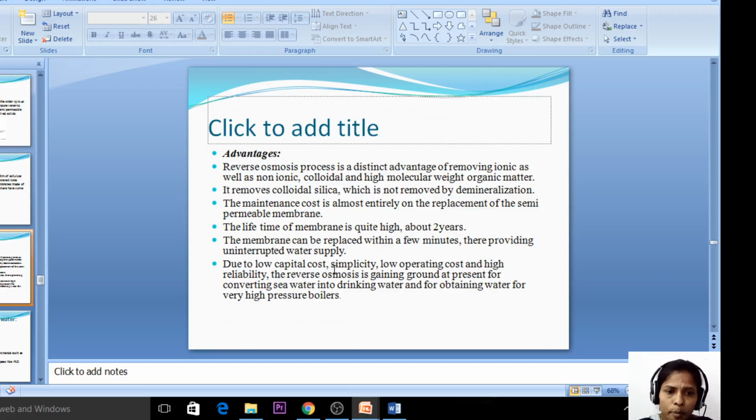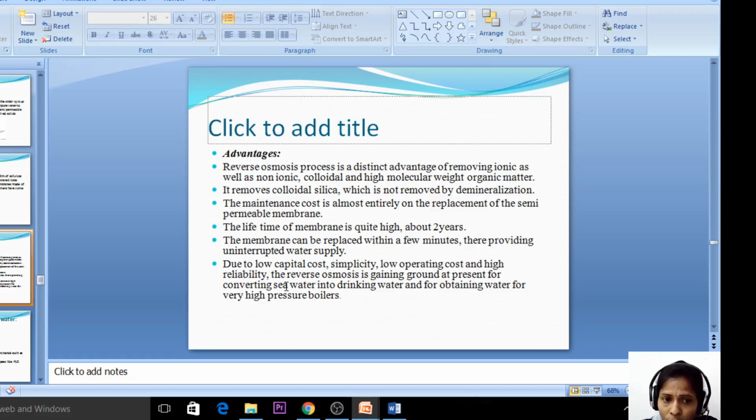And due to low capital cost, simplicity, low operating cost and high reliability, reverse osmosis is gaining ground at present for converting sea water into drinking water and for obtaining water for very high pressure boilers. So by using the reverse osmosis process, we can collect the pure water from the sea water. This water can also be used in high pressure boilers.